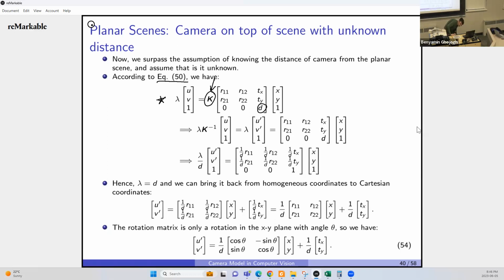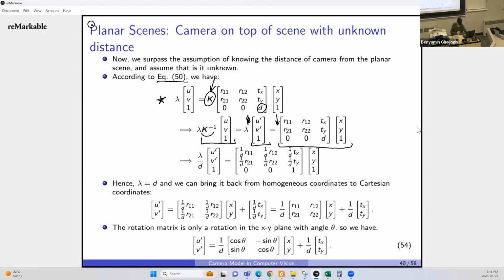Left multiply the sides by K inverse. This goes away here, and the K goes away. By the way, I named K inverse UV1 by U prime V prime 1. And then this is also the right-hand side.